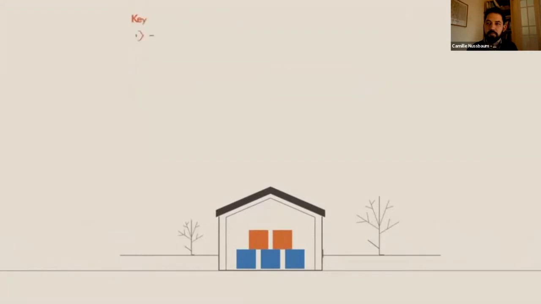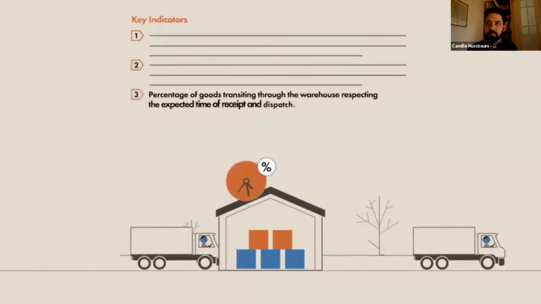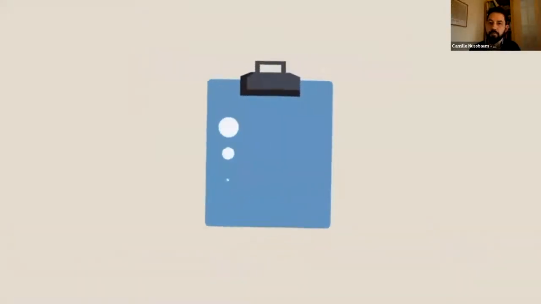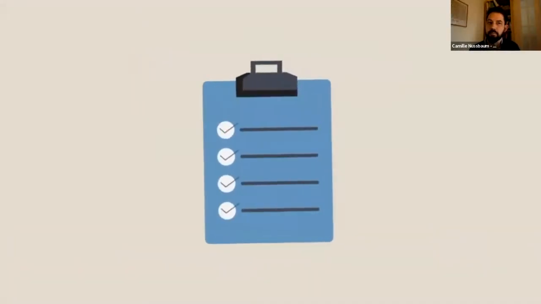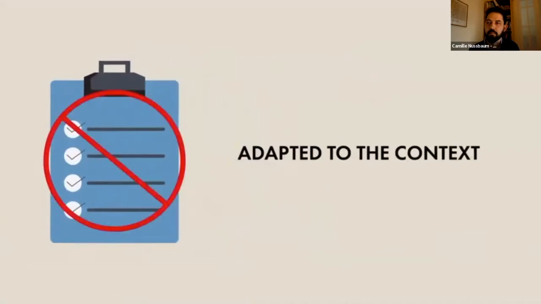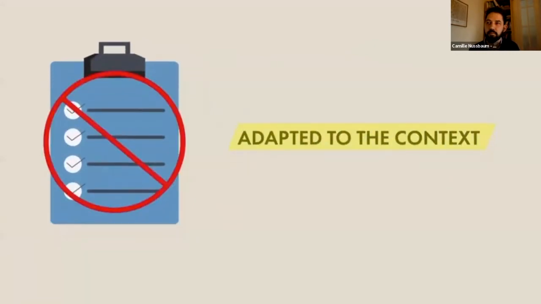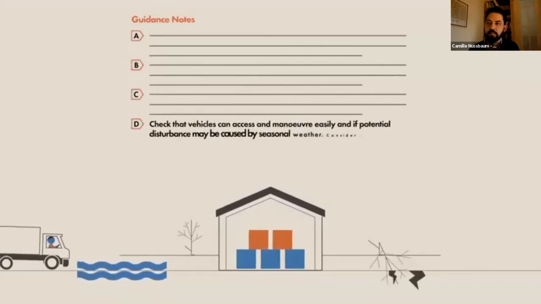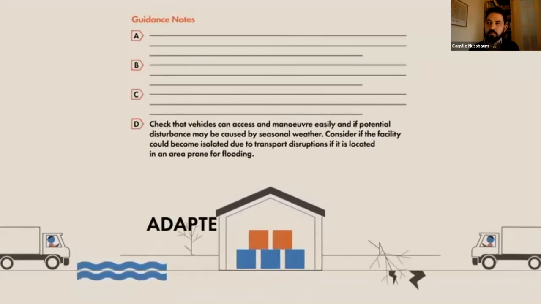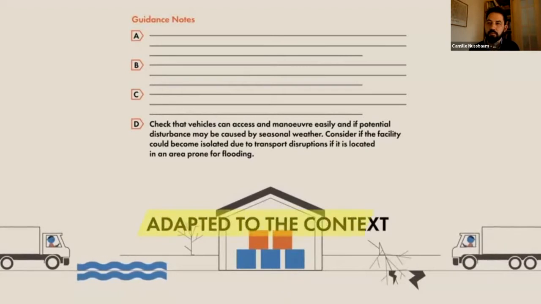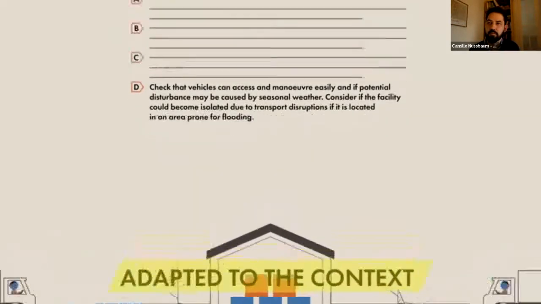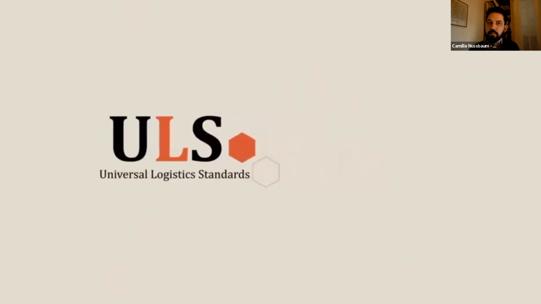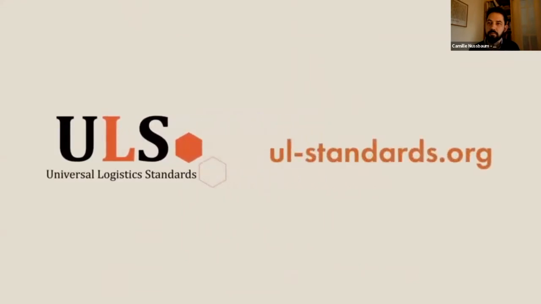They also include key indicators to help measure whether the standard has been achieved. Remember that key actions are not a checklist, and indicators might be adapted to both the context and phase of the response. Standards finally include guidance notes that provide additional information to help contextualize and deepen specific examples of best practices. The ULS Handbook is now available in its final version in different languages. Visit our website for more information.